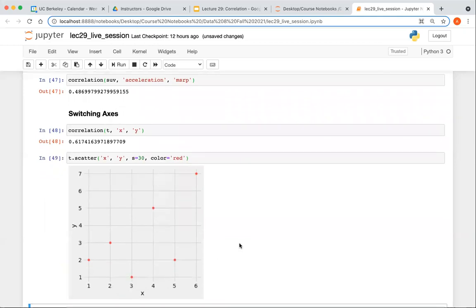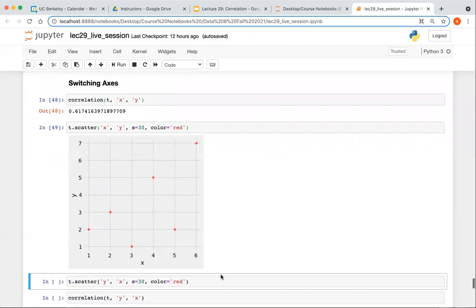There was my picture. Okay, if I switch X and Y, will the graph go down? How many people think the graph will go down? How many people think the graph will go up? Switching X and Y is a reflection. It's a reflection about what line? The X equals Y line.